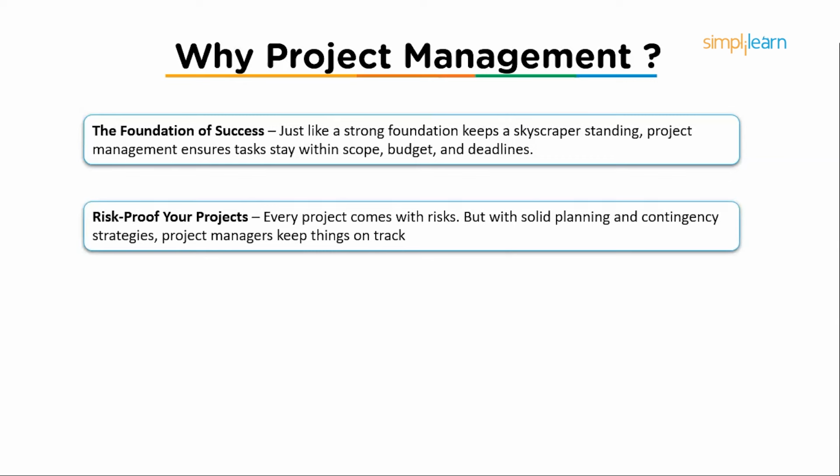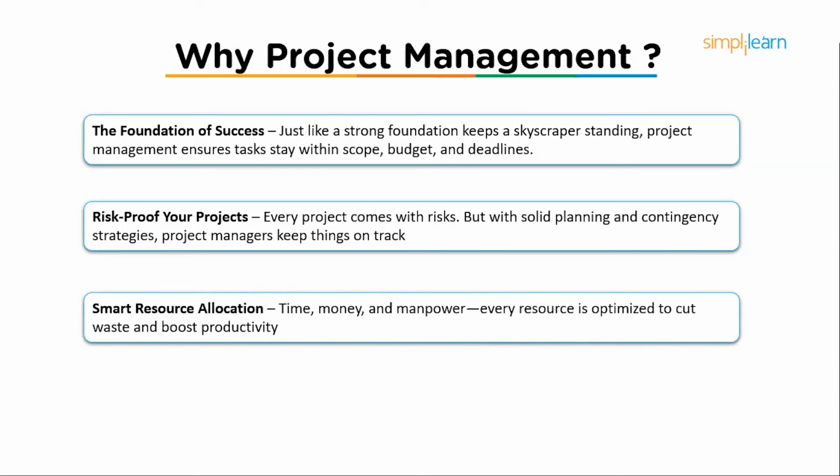Every project comes with risks, but with solid planning and contingency strategies, project managers keep things on track even when unexpected challenges arise. Now, moving on to the third one, we have smart resource allocation: time, money, and manpower. Every resource is optimized to cut waste and boost productivity. So, efficiency equals higher profits, obviously.